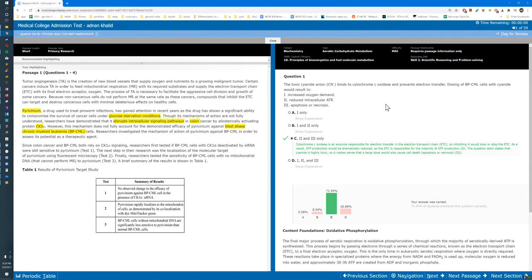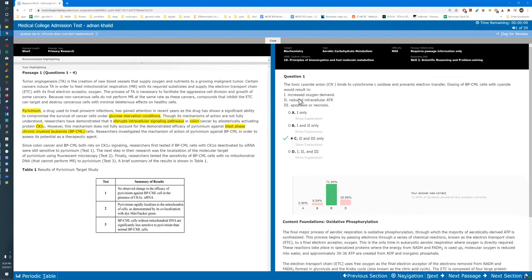They all do. Ultimately, it goes to the final acceptor, oxygen. But if you mess up the cytochrome electron carrier, it's not going to transfer the electrons to oxygen.